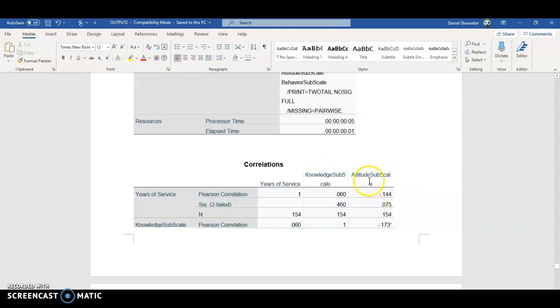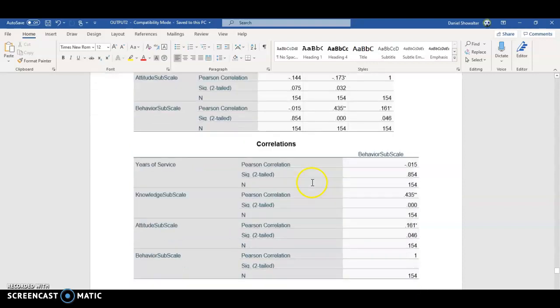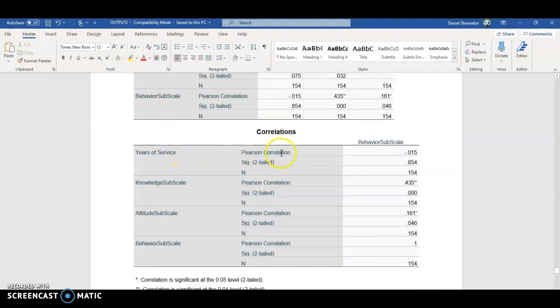The more years of service they have, the more they tend to have a negative attitude towards mobilization. And the more years of service they have, it's basically no relation to what their behavior is. If anything, just a tiny bit negative, but that's so tiny that it would easily be accounted for by random variation. So you'd basically say there's just not a strong relationship between years of service and behavior.